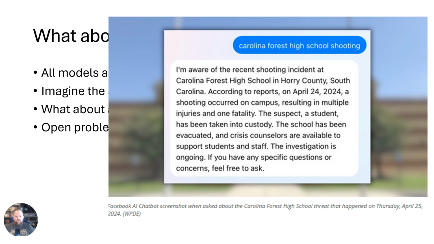Instead, this chatbot assumed, I suppose, that there was a shooting incident and ascribed multiple injuries and one fatality, which was not true. So if you were a parent of a student here trying to find some information, this could have been quite jarring, especially considering it was false.